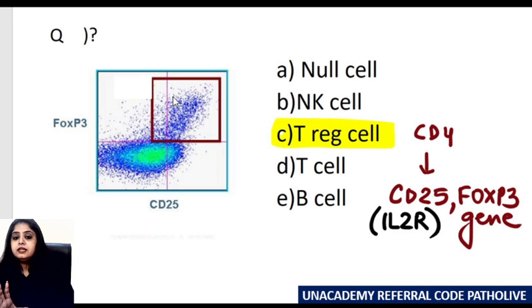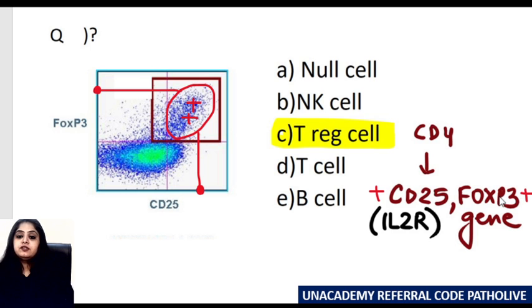They are asking me what the cells in this box are. So if I trace this, which quadrant is this? You will say, ma'am, this is the double positive quadrant. It means on the x-axis also they have a good interpretation, on the y-axis also. These cells are CD25 positive and these cells are FOXP3 positive as well. And such cells are known as T regulatory cells.